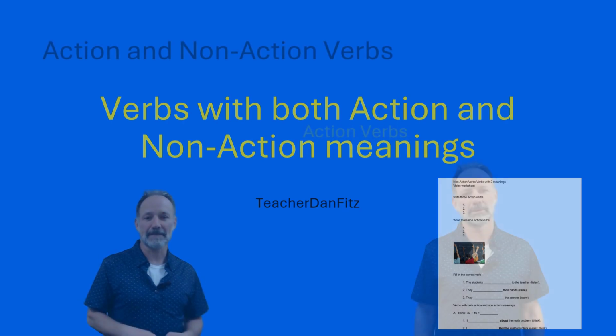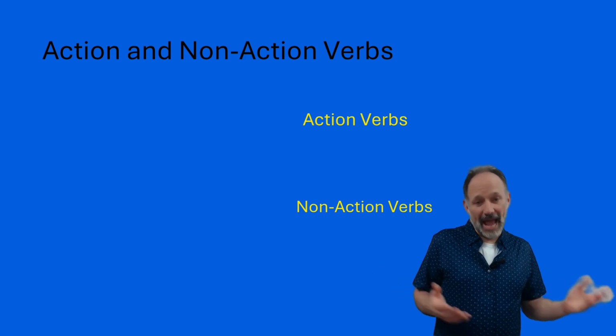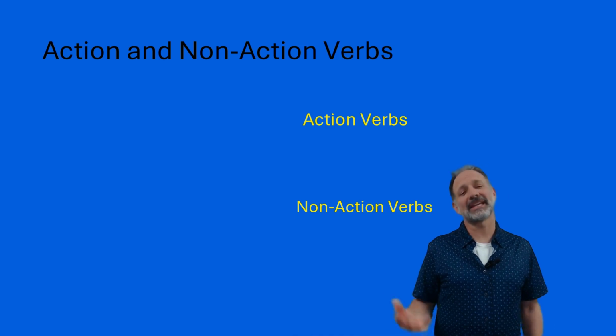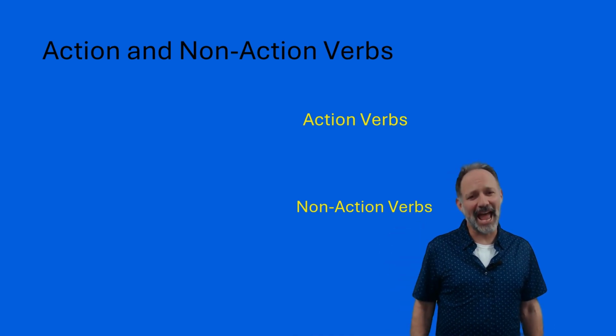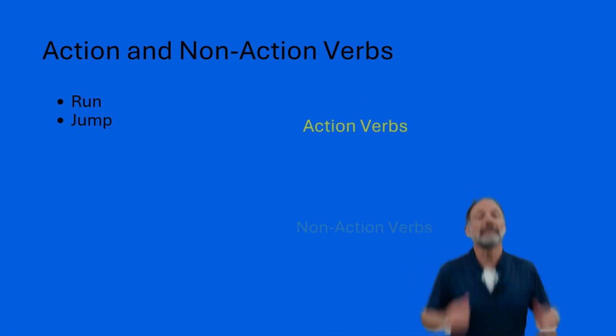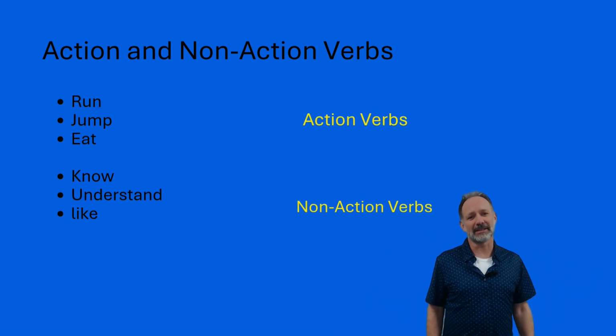Let's get started. Let's start by talking about the difference between action and non-action verbs. Action verbs are verbs that you can act. For example, run, jump, eat. I can do all of those things.